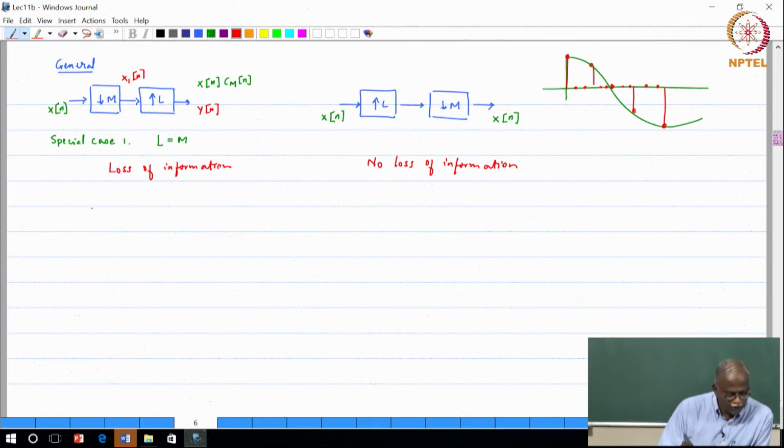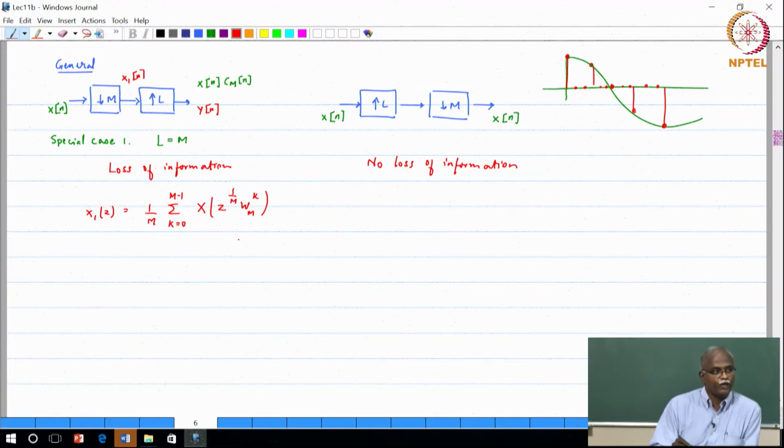So x1 of z would be 1 over M summation k equal to 0 through M minus 1 x of z power 1 by M W_M^k, correct? That is the downsampling operation, yes.